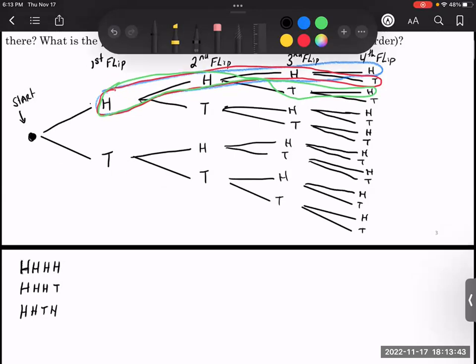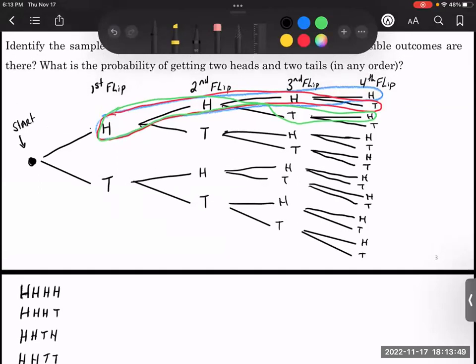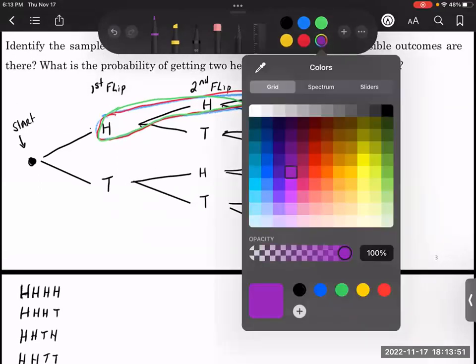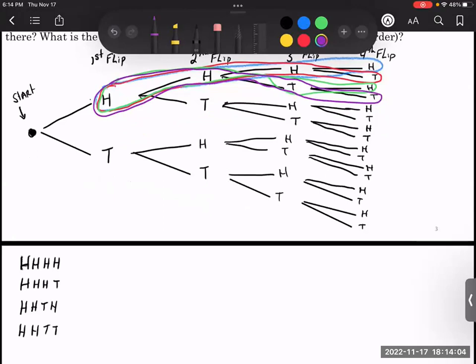You keep going, you'll see that the next one would have been heads, heads, tails, tails. So that would have covered essentially this first portion of your, the colors are kind of getting messed up there, but that would have been your first 4 options.